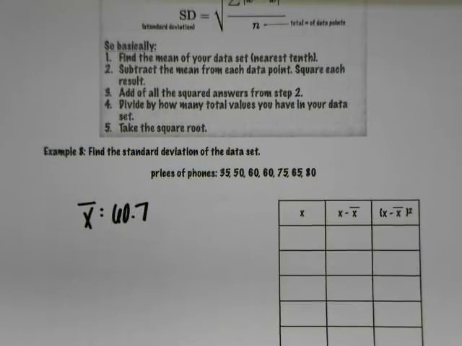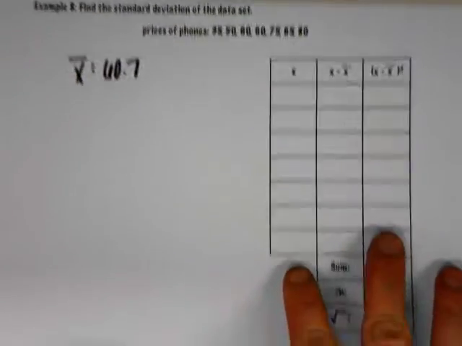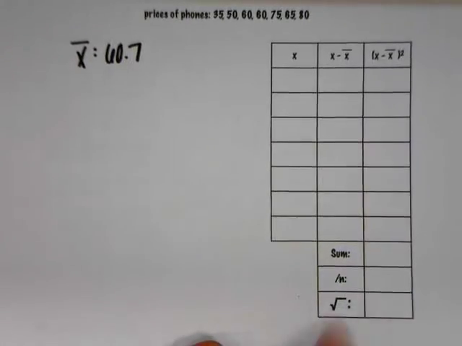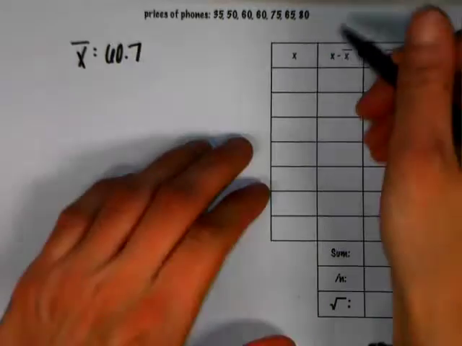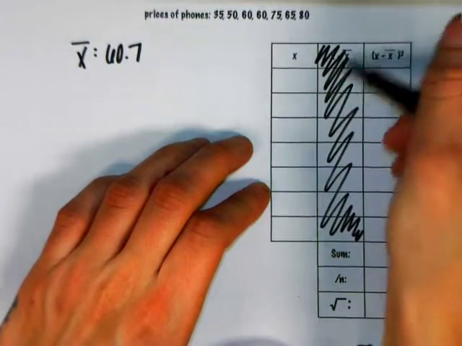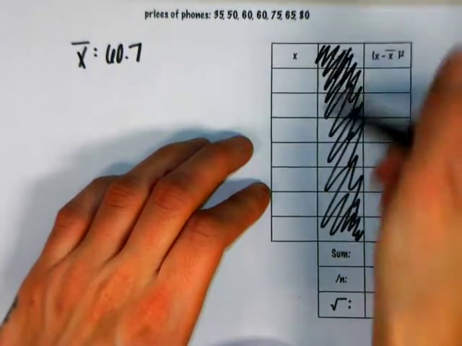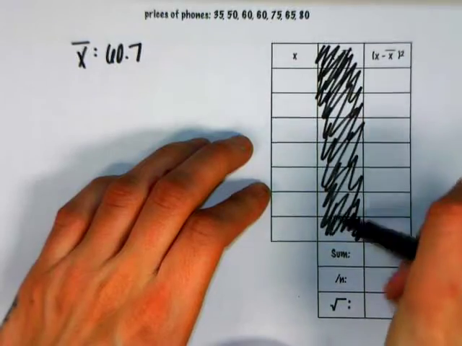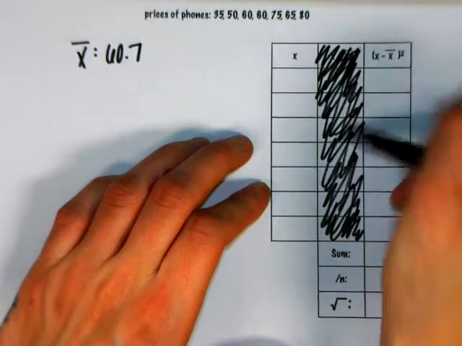Okay. So we're just going to organize like this. You're not going to have one of these every time. You're going to organize it generally however you want, but like this. We're actually going to get rid of this middle column, because we can just skip that extra step that we don't need.